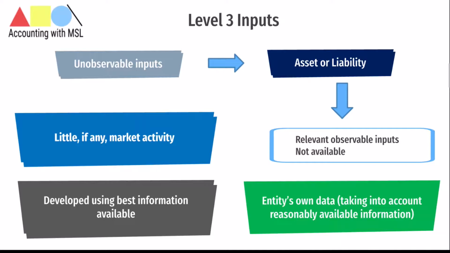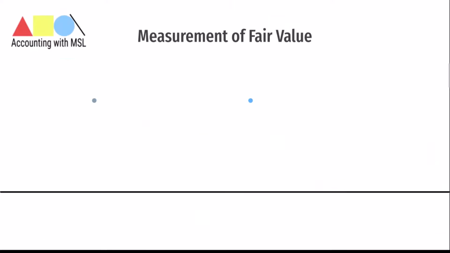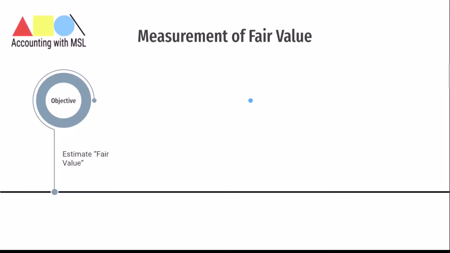Now let's look at the overview of the fair value measurement approach within IFRS 13 Fair Value Measurement. The objective of a fair value measurement approach is to estimate the price at which an orderly transaction to sell the asset or to transfer the liability would take place between market participants at the measurement date under current market conditions.